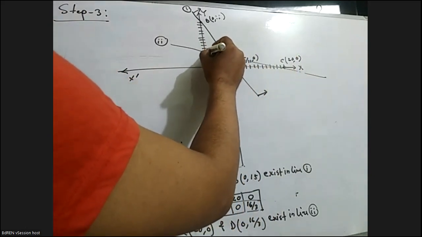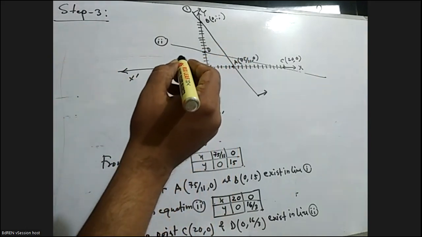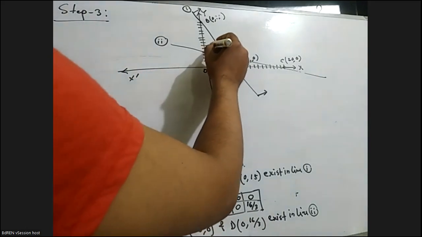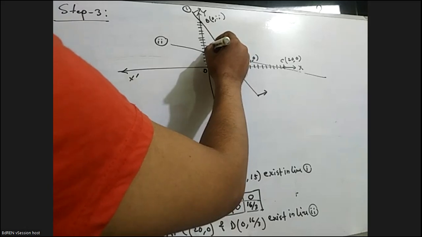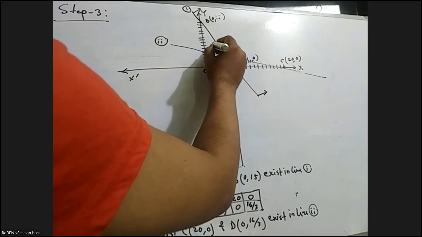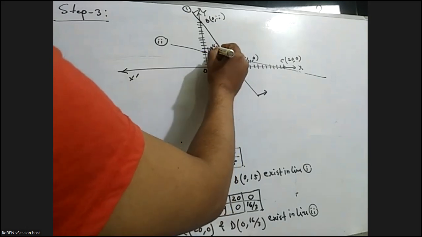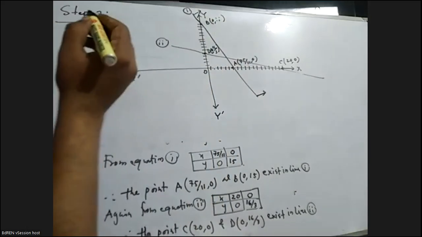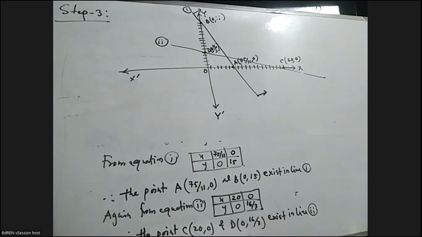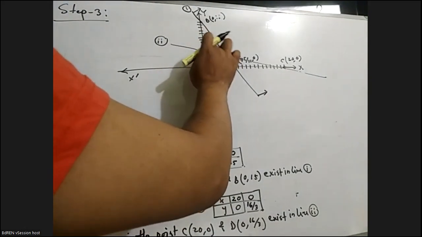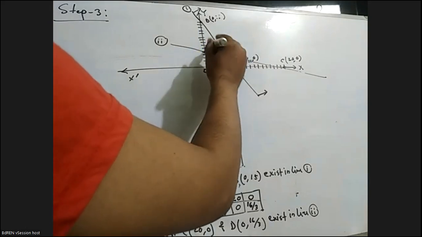The D point will be 0, 16 by 3. This is the D point: 0, 16 by 3.